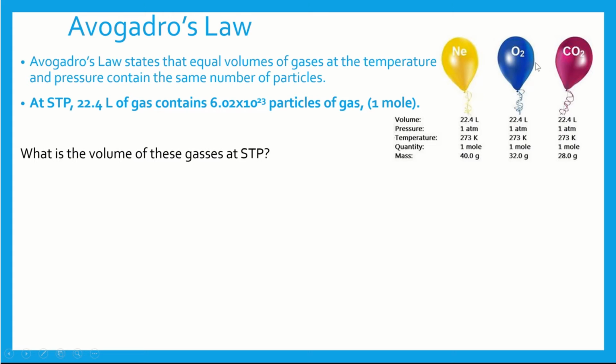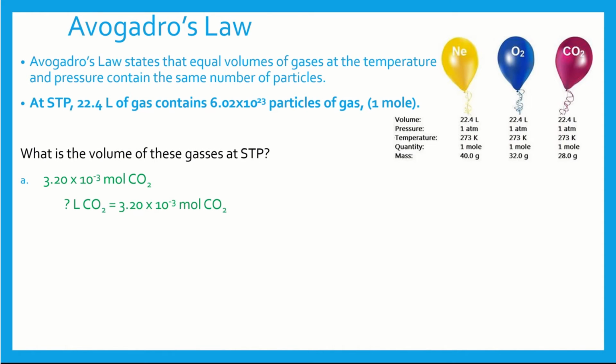Here we have neon, oxygen, carbon dioxide. Each of them has a volume of 22.4 liters, which means each of them has 1 mole of gas. And it doesn't matter that neon is smaller than oxygen, which is smaller than carbon dioxide. At STP, 22.4 liters of any gas has 1 mole.